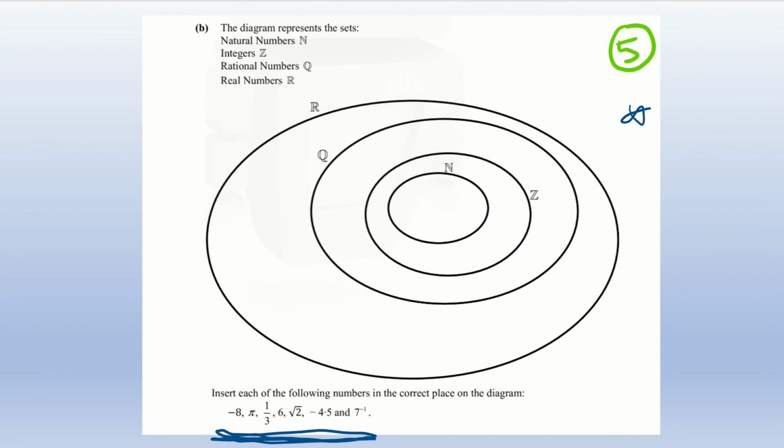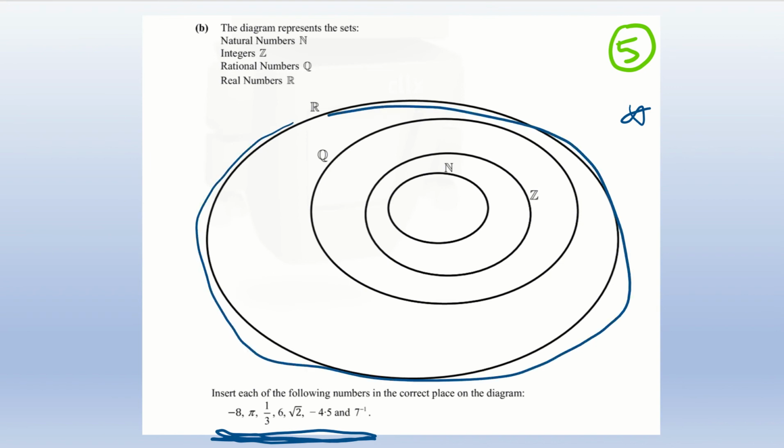So you might be asking, well, where would I start in a diagram like this? Would I start from the middle and work my way out, or would I start from the outside and work my way in? If you think about this, like your real numbers, it's the big set here on the outside that takes into account all of my numbers down here at the bottom. So the minus 8, pi, 1/3, 6, root 2, minus 4.5, and 7 to the power of minus 1.